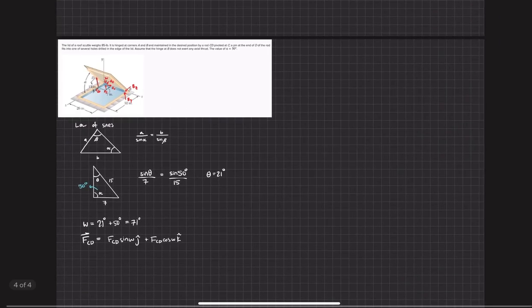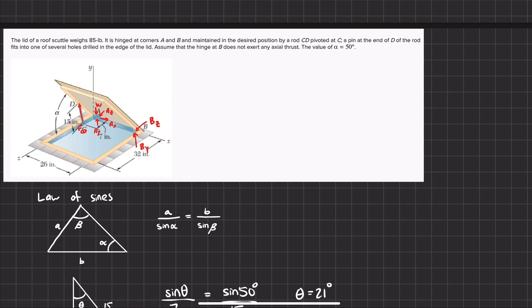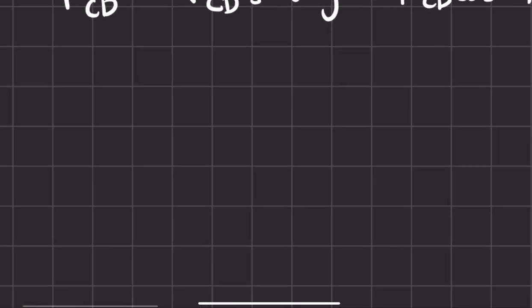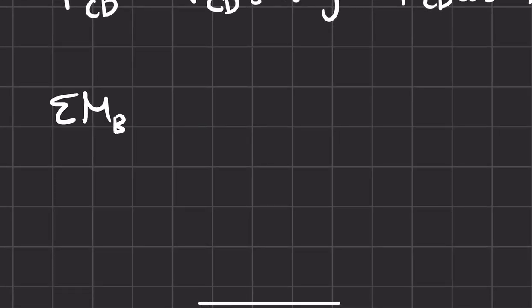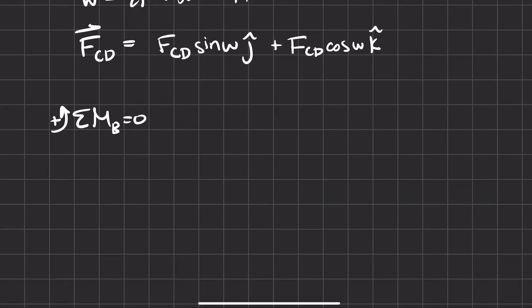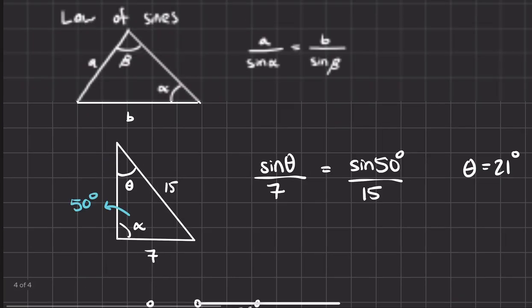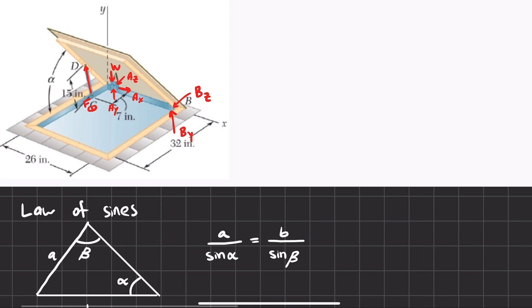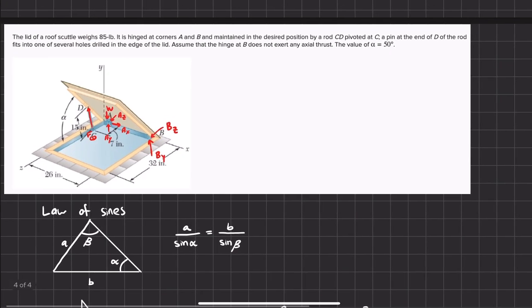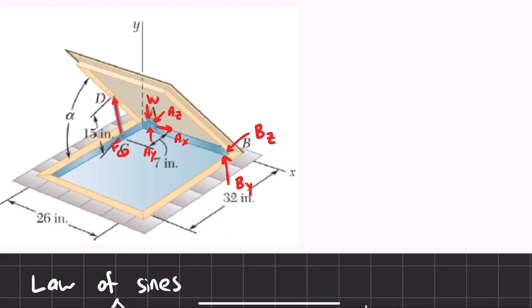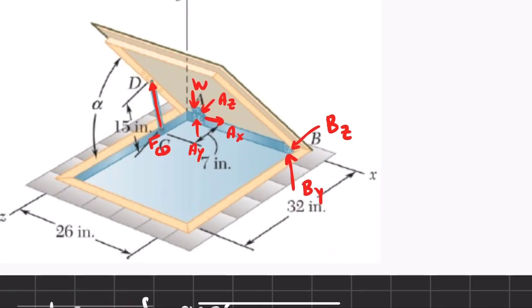Now we want to take the moment about either A or B to get rid of those unknown values. In this case, I'll take the moment about B and set it equal to 0. And writing out our equation, we have that this length 26 points from B to A. We also have our force G, which you can find by breaking up.